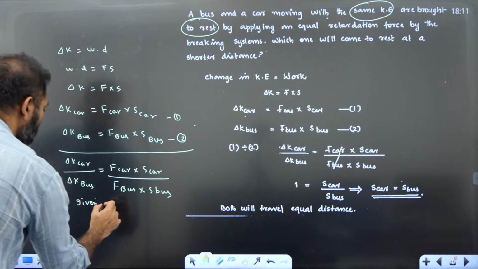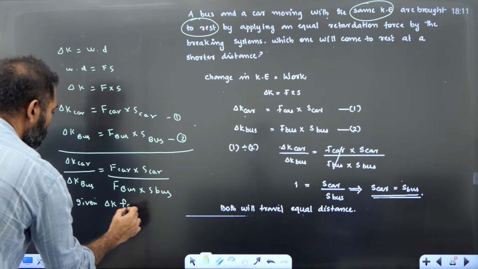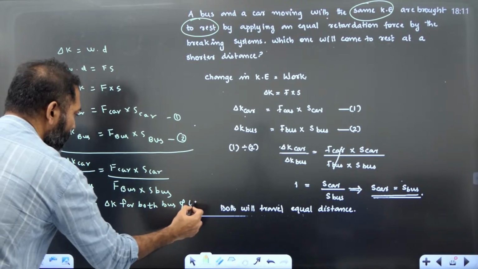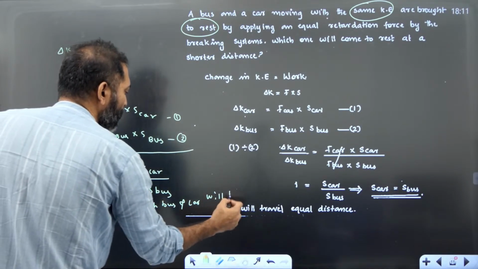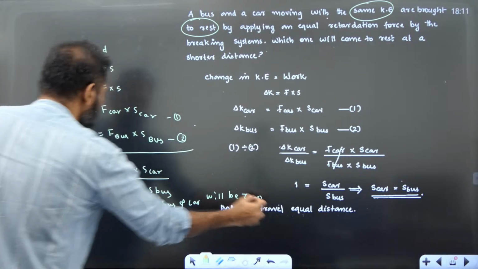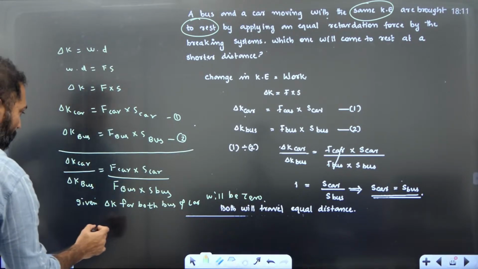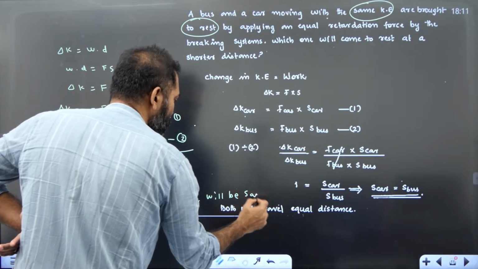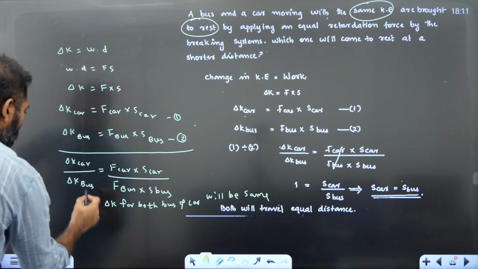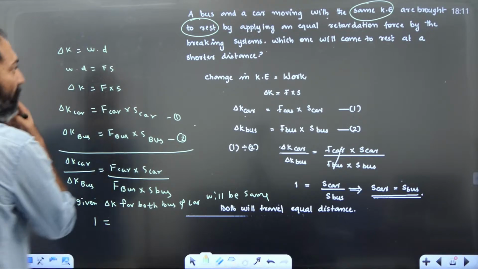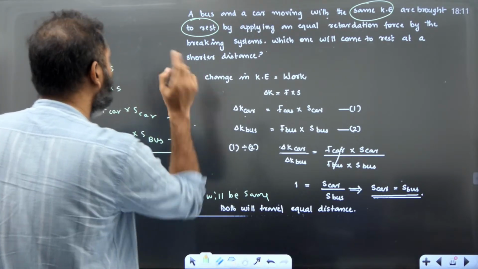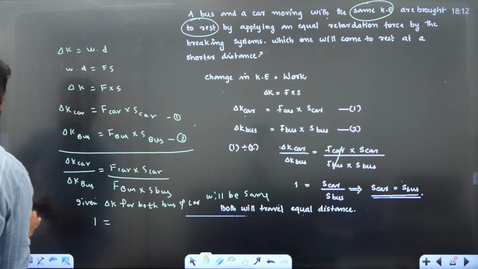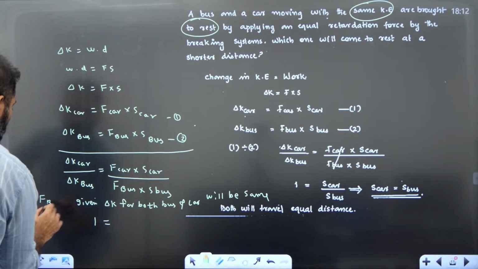So the change in kinetic energy for both the bus and car will be the same, not 0. That means the change in energy of car to bus is 1. And both have equal retardation force, so force on car is equal to force on bus.